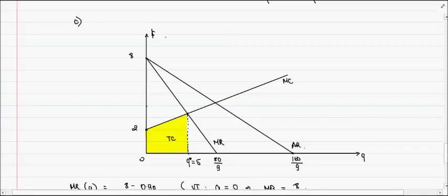Okay, now again the firm's profit is going to be the difference between the marginal revenue and the marginal cost up until the quantity produced by the firm. So therefore it is just going to be the area below the marginal revenue curve and above the marginal cost curve, going from quantity Q0 until Q equal to 5.